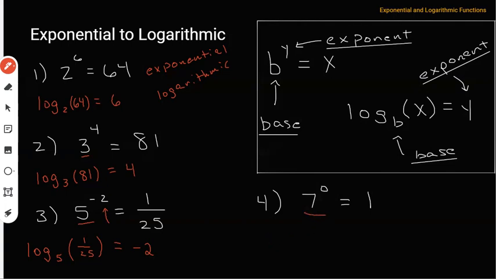So I'm going to take that 7 and make it the base of my new logarithm. I know the exponent is going to go to the other side, so I'm going to wait on that. Inside the parentheses, I'm going to have the result, which is 1. So that's going to go on the inside, and then the exponent is going to go to the other side of the equal sign. So logarithm base 7 of 1 is equal to 0.